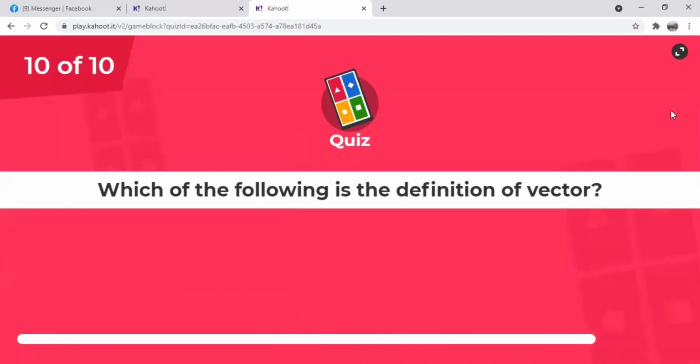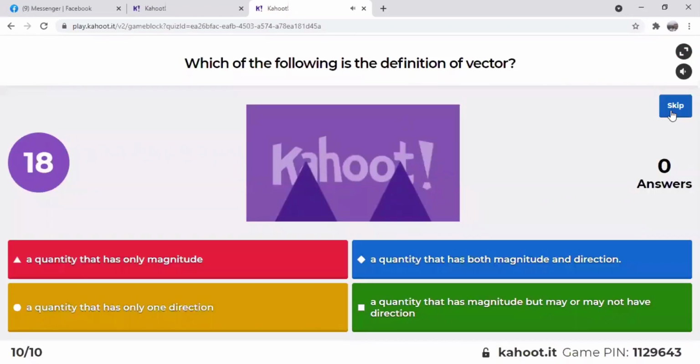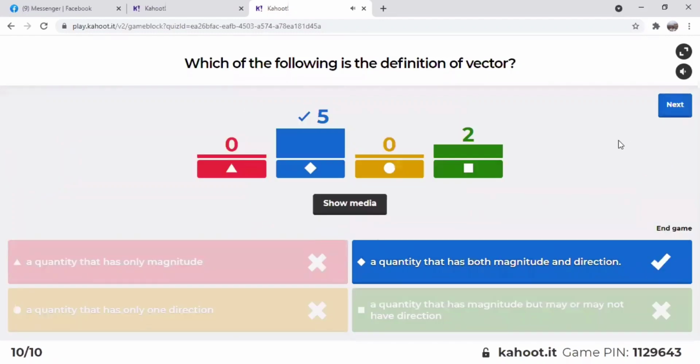Which of the following is the definition of a vector quantity? 2, 1, 0. Okay, the answer is: a quantity that has both magnitude and direction.